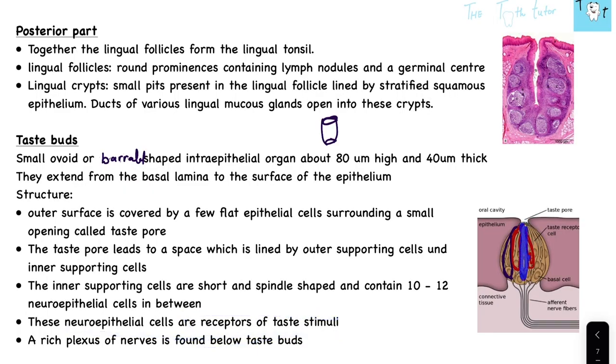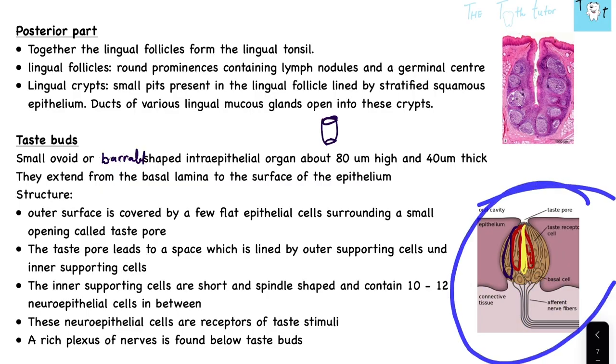These yellow colored cells are the ones which detect taste, and beneath the taste bud we have a nervous network. So this is it about the structure of the taste bud.